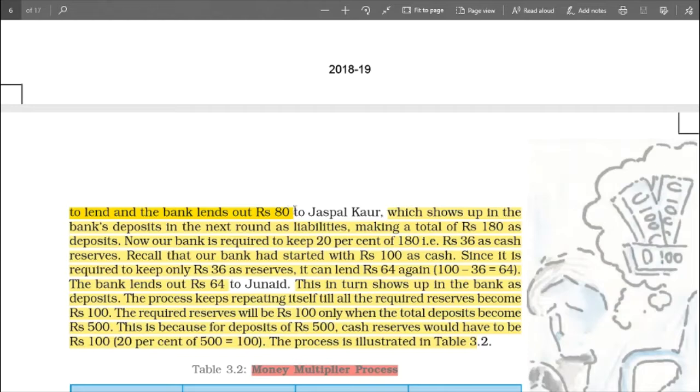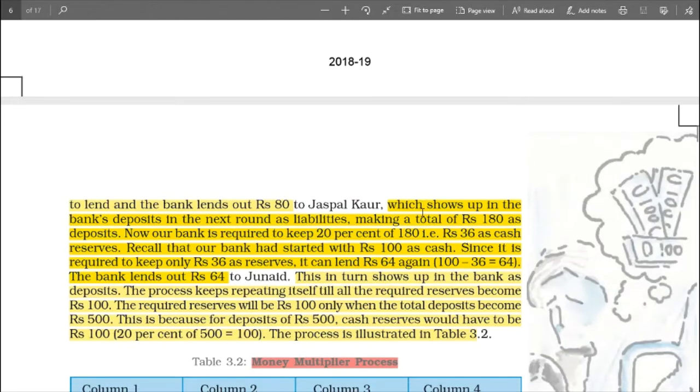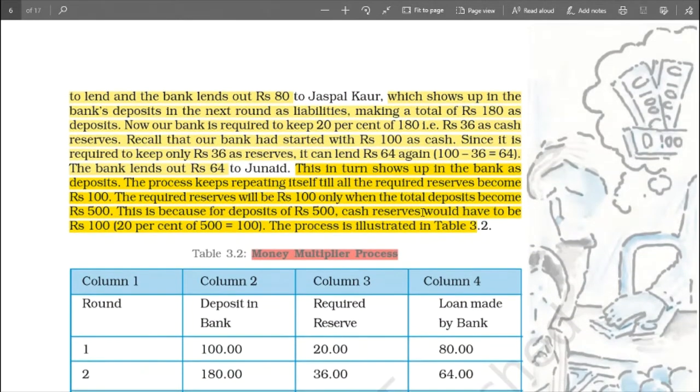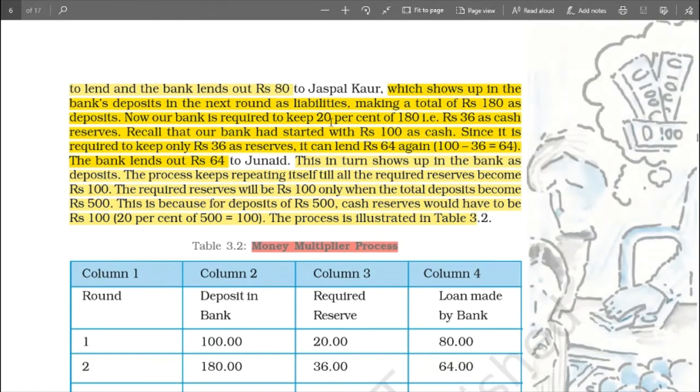When it lends, this will show up as a bank deposit in the next round of liabilities. And we have learned that when it gives loans, it will open an account for the person who takes the loan.